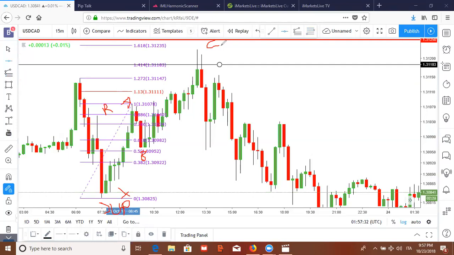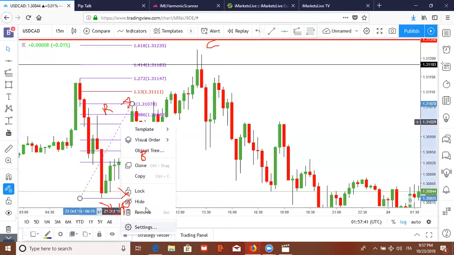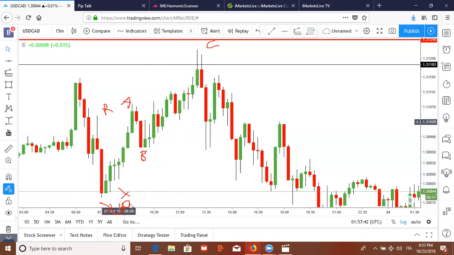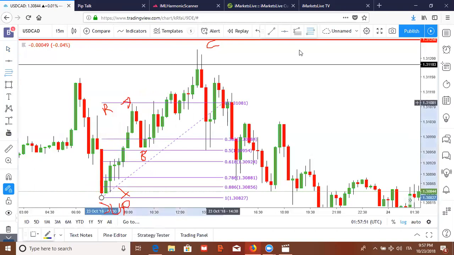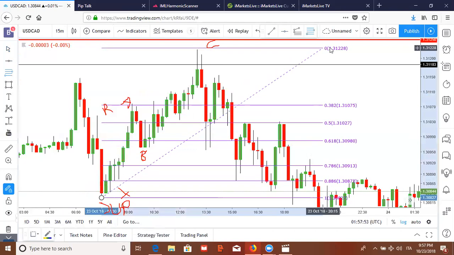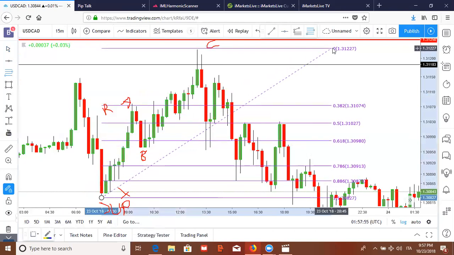So what I'm looking for now, I'm gonna take my fib from my X to my C. I'm gonna take my fib from my X leg all the way up to my C leg. X to C, and I'm looking to enter at the 78.6 level.